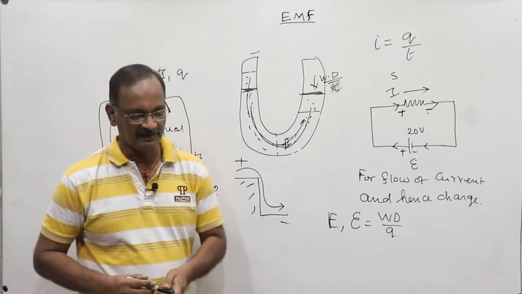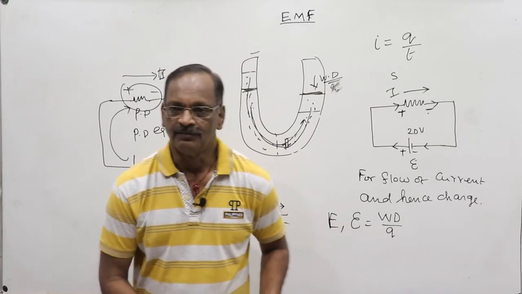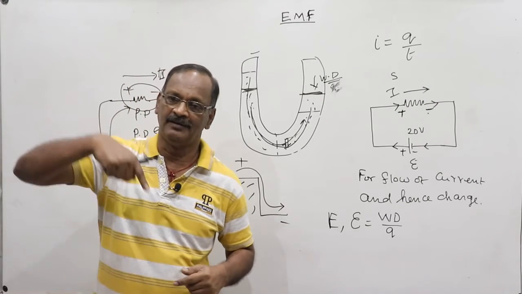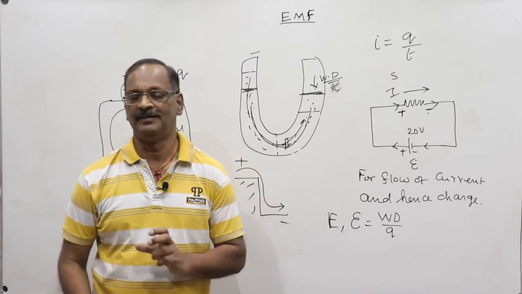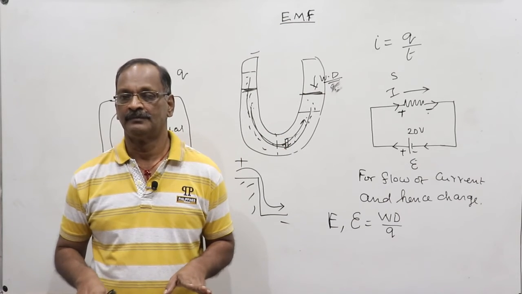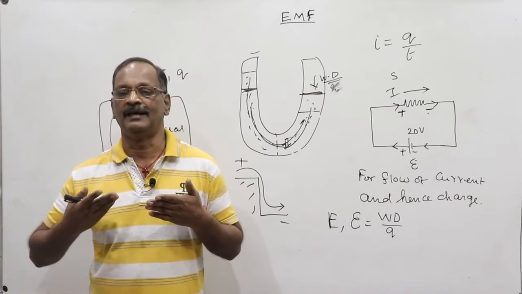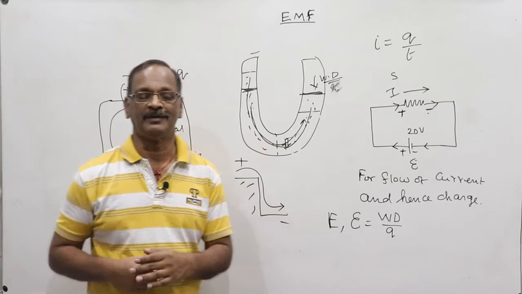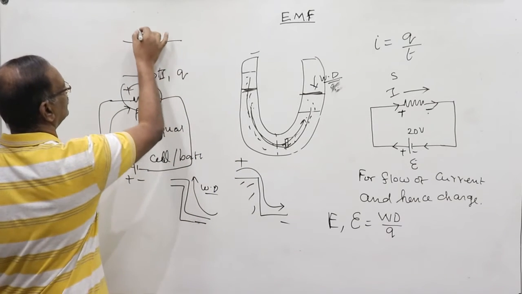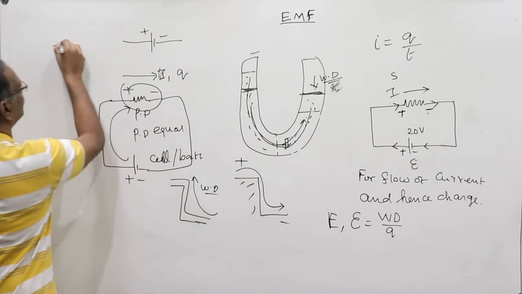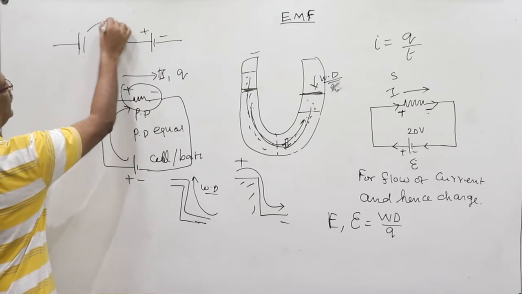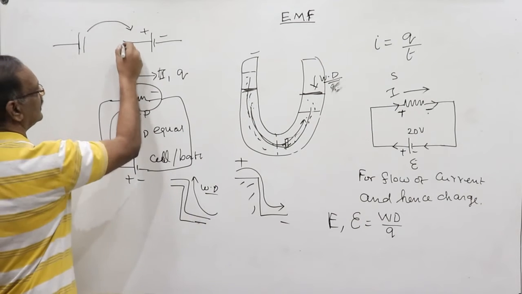If we have to move from lower to higher potential, that means we have to do work. Why? Suppose we want to lift a bag from the floor up to this level, we have to do work. From a higher level to a lower level, we need not do work; we just drop it and it will go. But from lower level to higher level, to create a potential difference, since both are at the same potential earlier, some work has to be done.